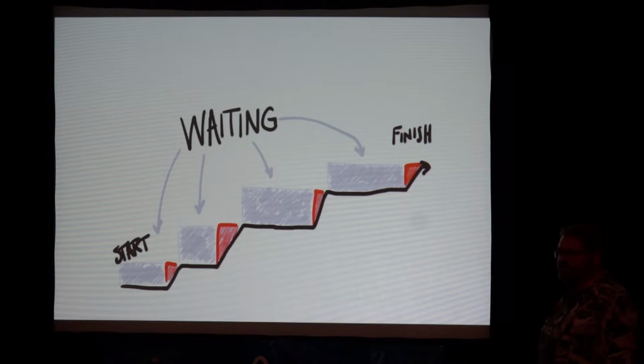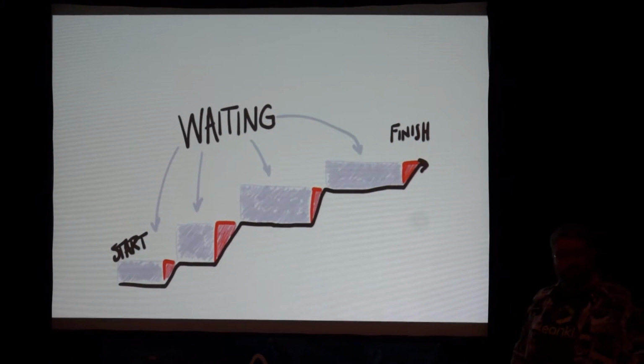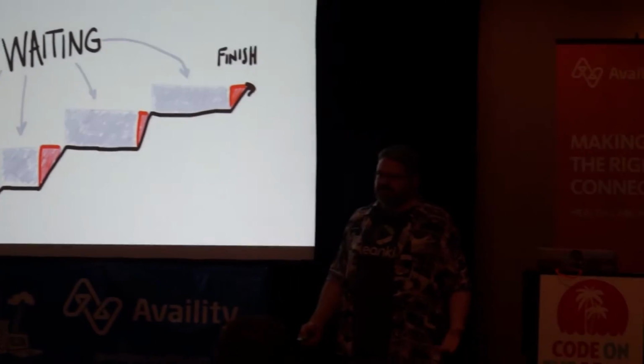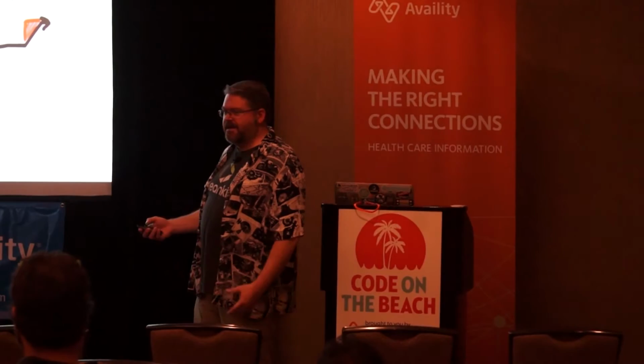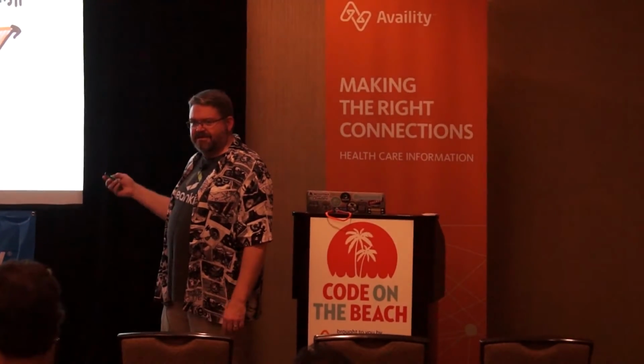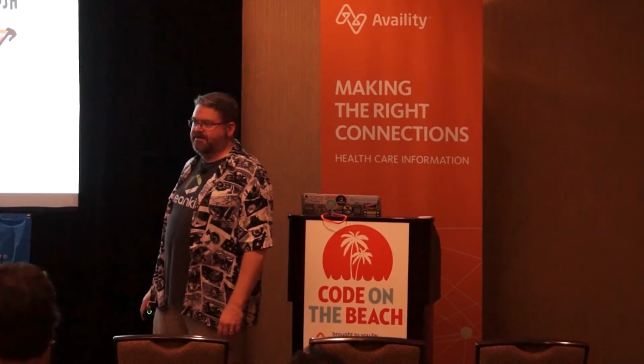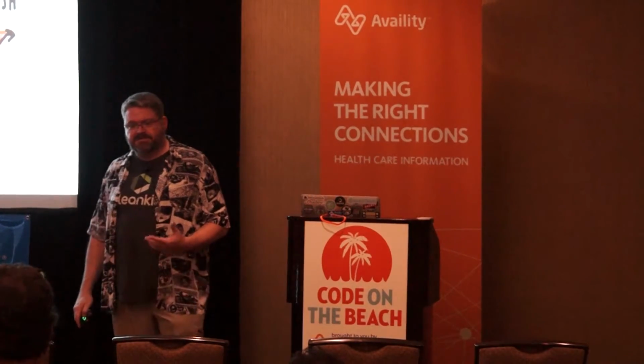We say, how long is it going to take for this work to be done? Well, a lot of things are out of our control, and if we really look at how work flows through our system, there are a lot of wasteful activities and a lot of time wasted sitting.